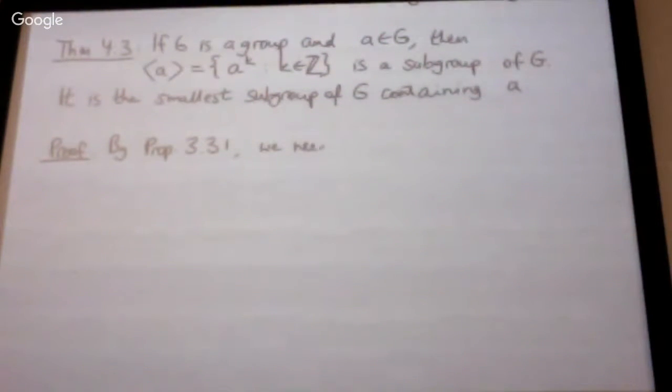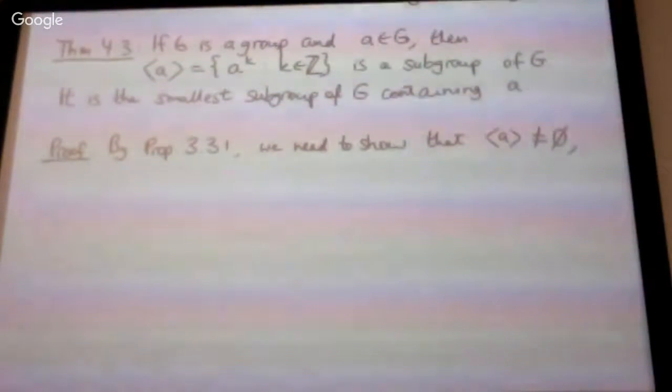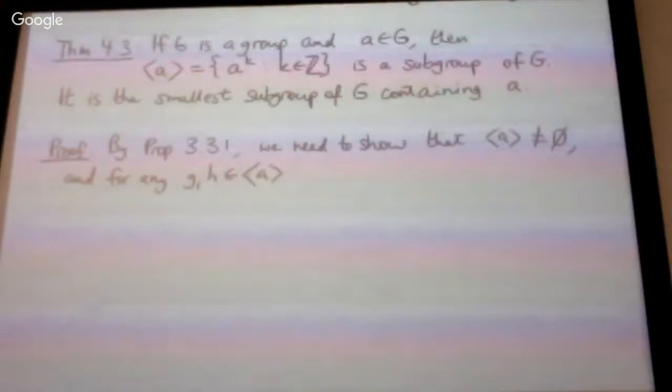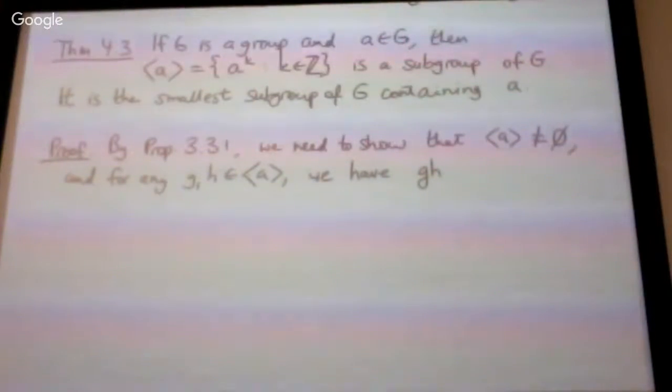We need to show that, so this one says it has to be non-empty, and whenever you take 2 elements in that subset generated by A, their product in the group is also generated.